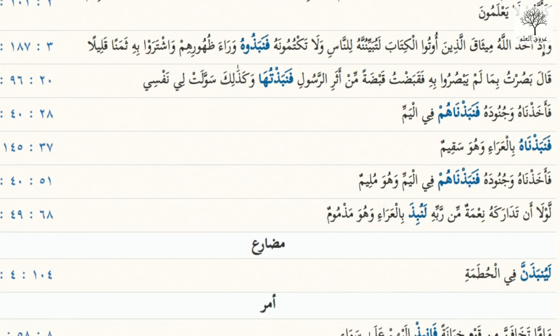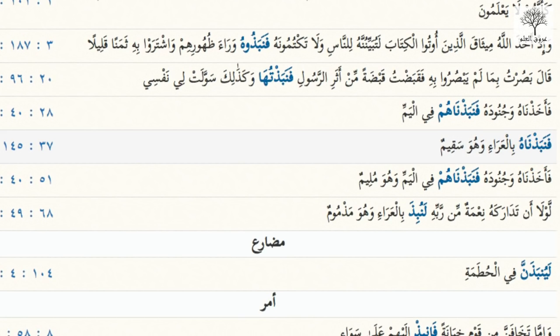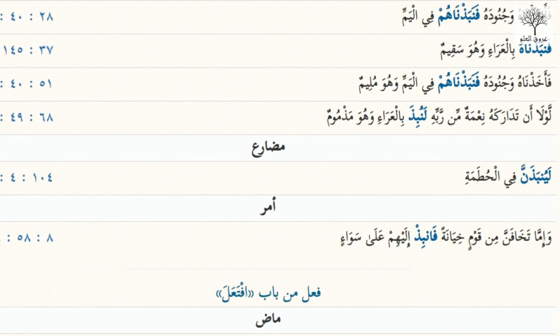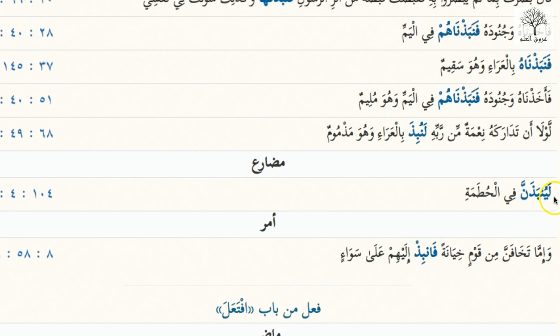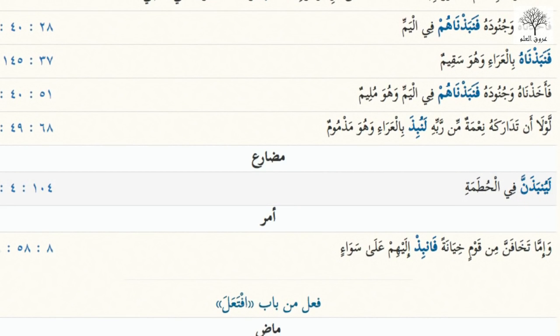Okay, so nabadh is used. Nabadhnahu bil ara, talking about Yunus alayhi salam. Nabadhnahu, we threw him bil ara, when he was swallowed by the fish and it spat him out in the open area. Wa huwa saqim, and he was really ill. La yumbadhanna fil hutama. So the people of Jahannam will be randomly thrown into Jahannam, violently thrown.